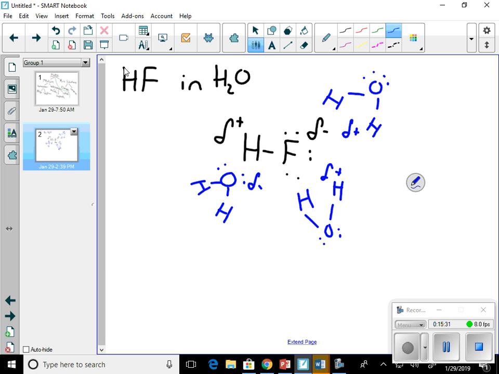And again, show multiple, at least 3 waters surrounding. So the difference between an ionic dissolving and a polar covalent dissolving, the difference being the ionic breaks apart. The polar covalent does not. Similarities, they both get surrounded, and opposite charges match up.